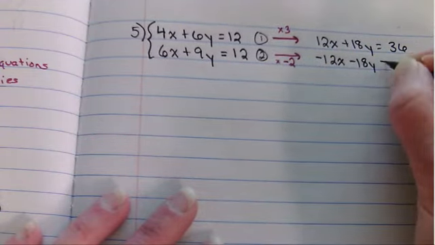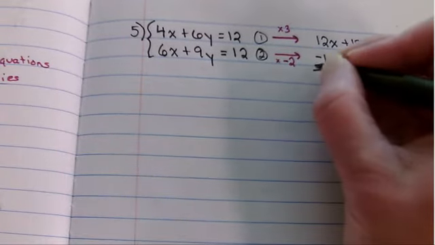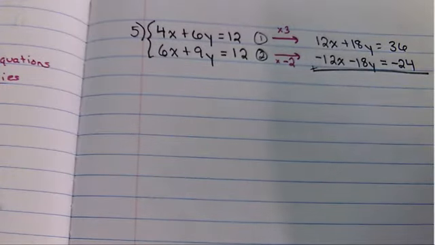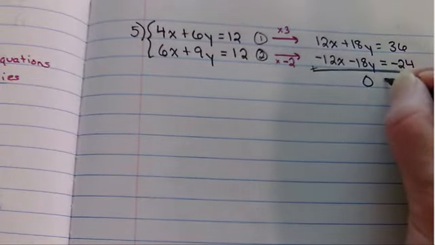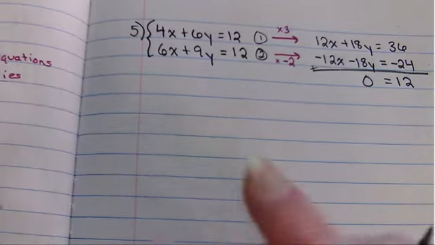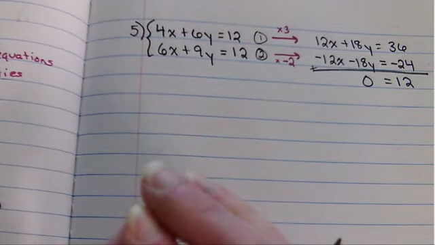And I already see something weird. When I add these two equations together, both the x's and the y's cancel out. Remember, that means I have a special situation. My two options are that there is no solution or infinite solutions.